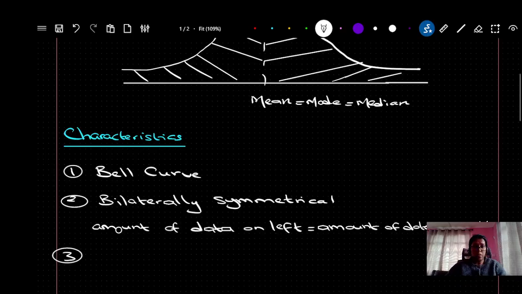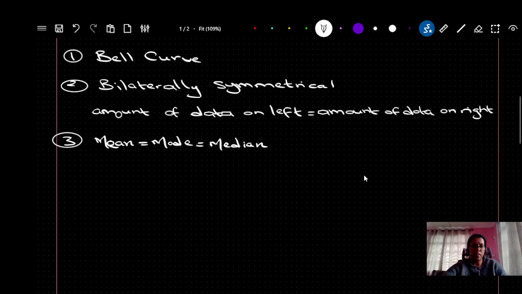And then you have another characteristic here, which is about the mean, median and mode. So the mean is equal to the mode, which is equal to the median. This is the third characteristic. The fourth one, this is very important too.